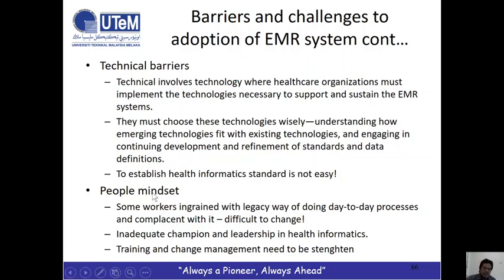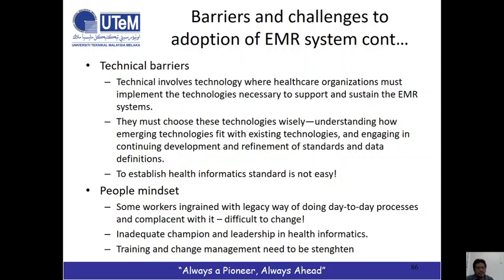So another tough challenge that needs to be resolved when you want to implement the EMR system, or if the EMR system needs to be adopted in a certain healthcare organization, is people's mindset. Some workers are ingrained with the legacy way of doing day-to-day processes and complacent with it.